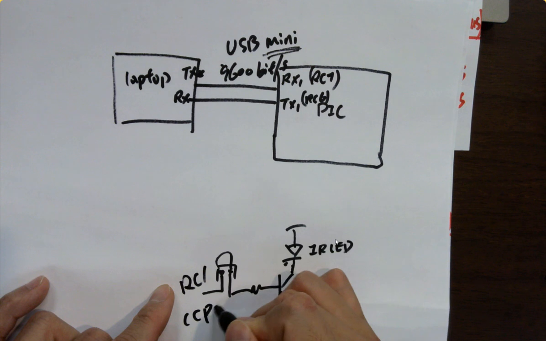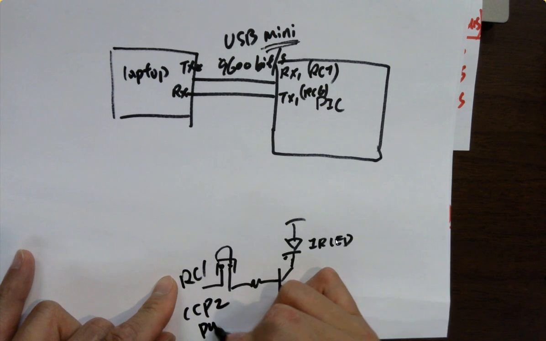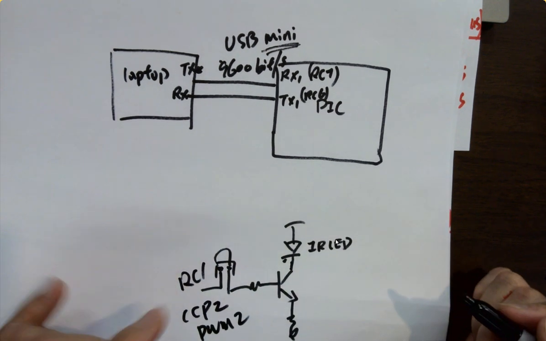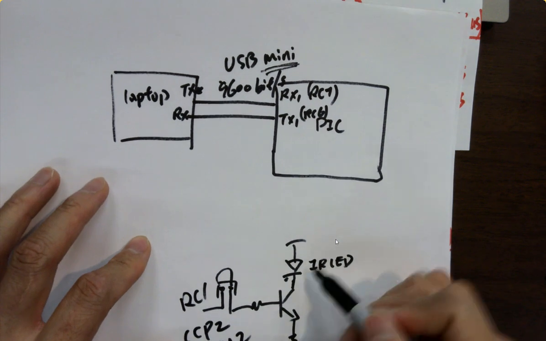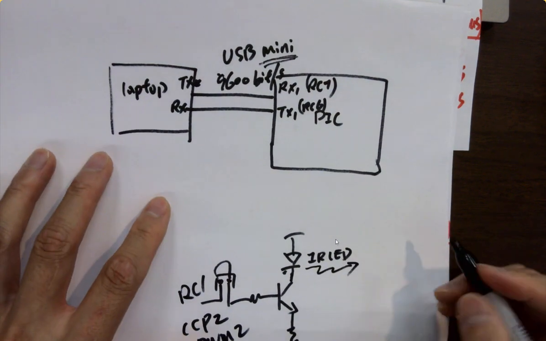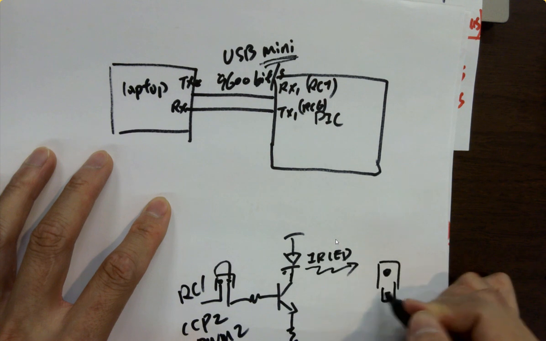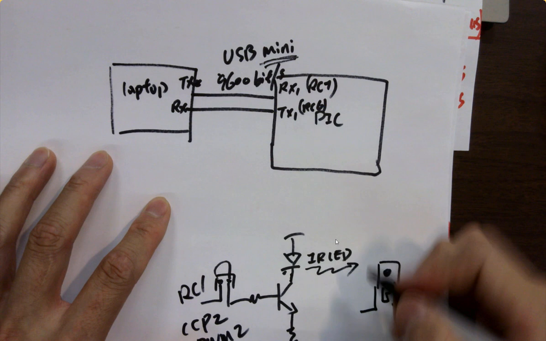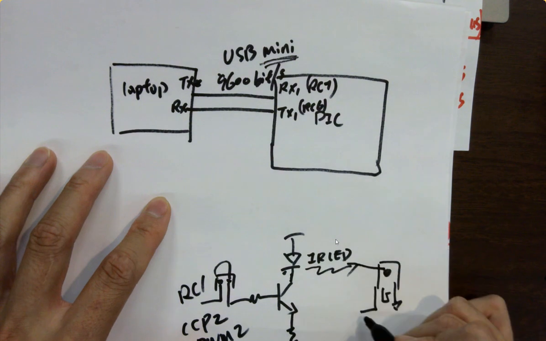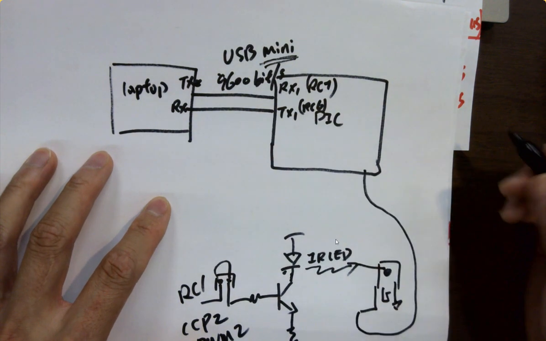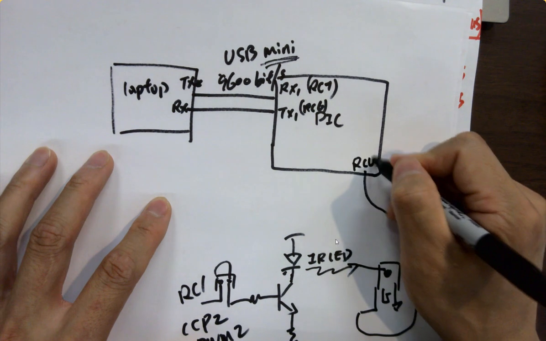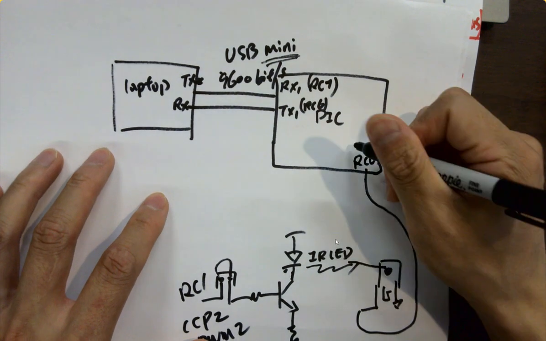CCP2 is what? PWM module 2. Sending the PWM light signal out. And you got a decoder. What is this? RC0. So it receives the signal and outputs the signal to where? RC0. RC0 is what? GPIO.